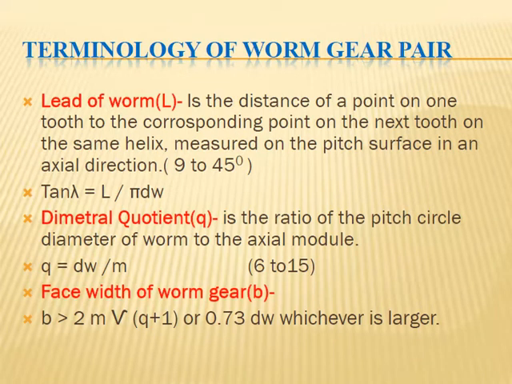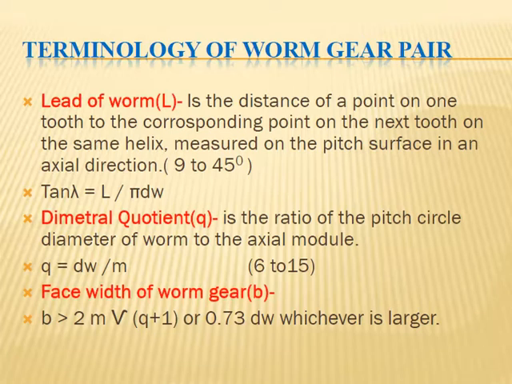We know the relation between lambda and L: tan lambda is equal to L divided by pi into dw, where dw is the corresponding pitch circle diameter of the worm, and generally this lambda has a value of 9 to 45 degrees.